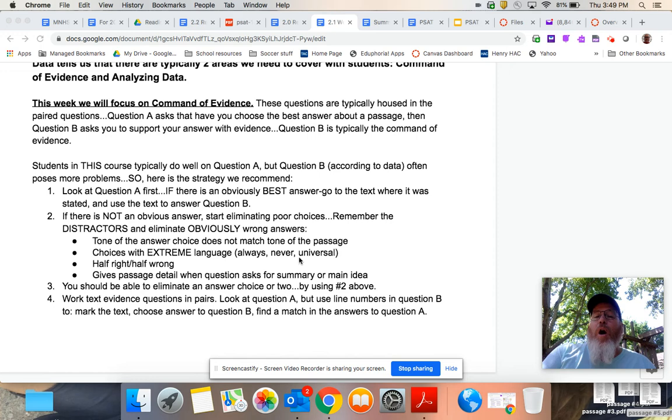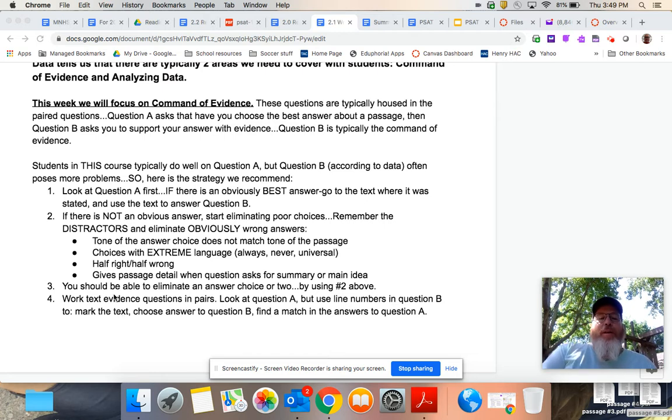Always, never, all of these, every, those are extreme language, and it's going to be wrong. Third, half right and half wrong. They've got 2 parts to the answer, and part of it is right, and the second part you can't find. Well, it's half right and half wrong. Okay. And then the last one gives passage detail when it's asking for a summary, or it gives a summary detail when it's asking for a piece of the passage.